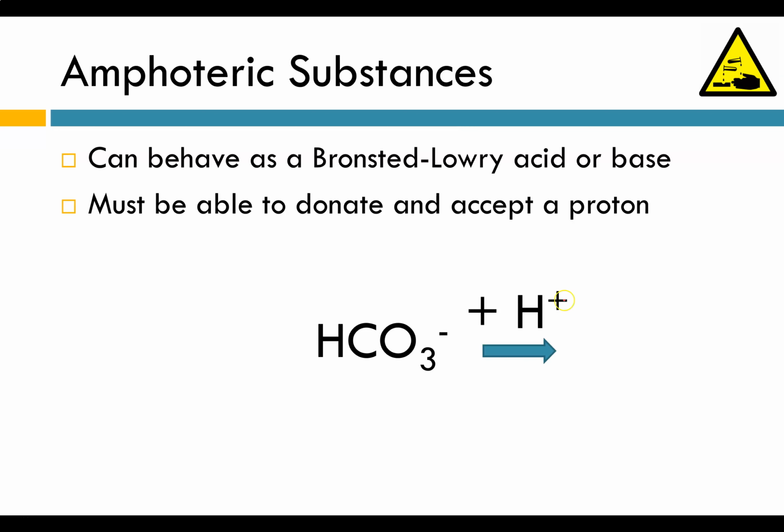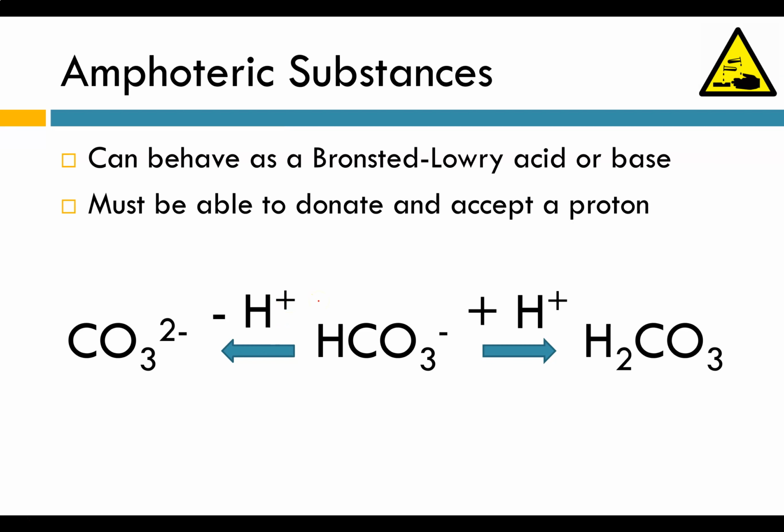So if there's additional H+ ions floating around in solution, hydrogen carbonate is going to be able to behave as a base, as a proton acceptor, and kind of grab onto those spare hydrogens and create H2CO3. If there starts to be too few hydrogen ions in solution, hydrogen carbonate can donate a H+ ion, a proton, and form the carbonate ion.